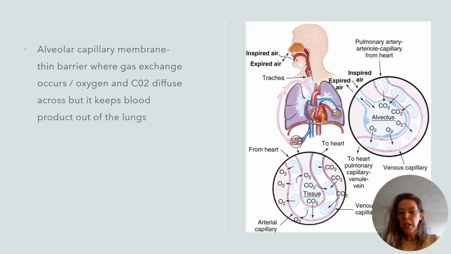So intake of oxygen gets picked up by your hemoglobin molecules, CO2 is dropped off and released, and that's where that gas exchange happens. So if you have anything like fluid accumulation or mucus plugging, that's going to obstruct any gas exchange there. You can also have things like blood clots on the pulmonary circulation side that block oxygenation and CO2 removal.